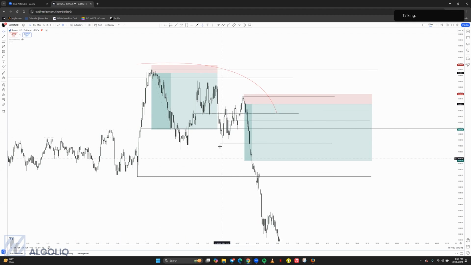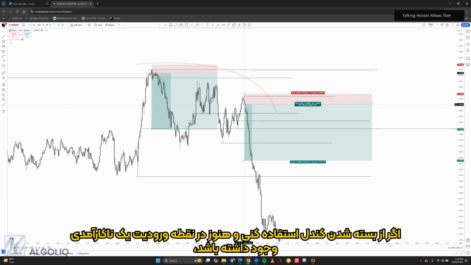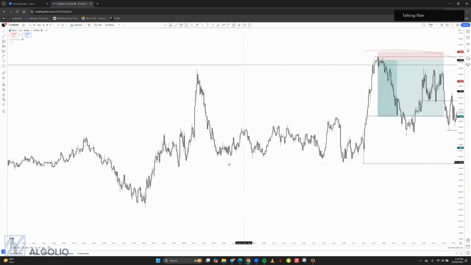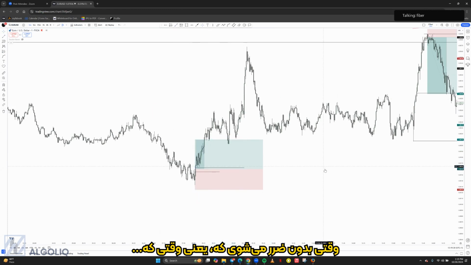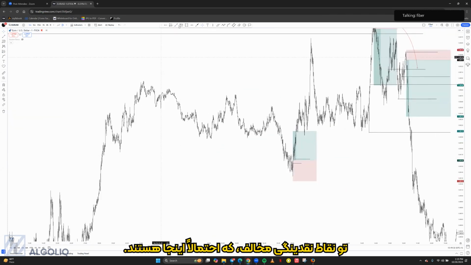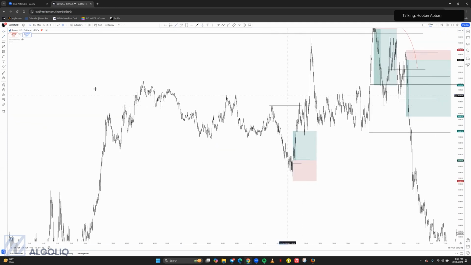For example, if you use a candle closure and you still have an inefficiency at your entry point, let's say you take a buy from here and you still have inefficiency like this. This is your entry. The time you are going to break even is when you take an opposite liquidity, which is possibly this. Then you should break even.